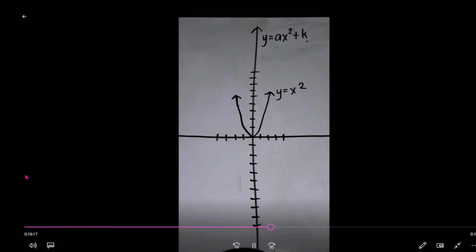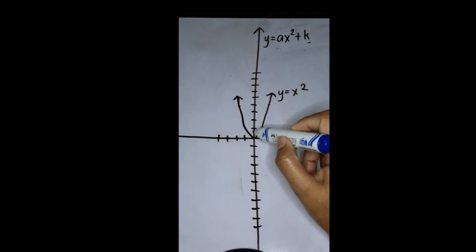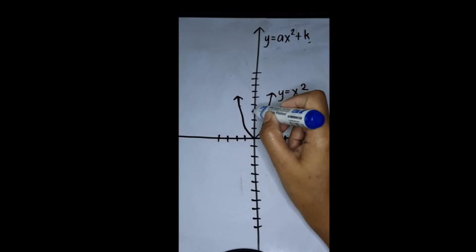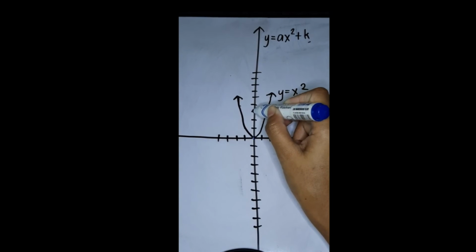So if we are going to consider y is equal to x squared, and we want to shift y equal to x squared 3 units upward. So if we are going to shift the vertex of y is equal to x squared 3 units upward, then we're going to have 1, 2, 3. Andito na yung vertex natin. So from 0, 0, nandito na yung vertex natin.